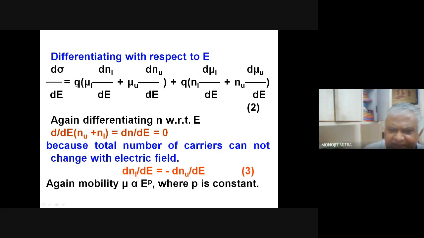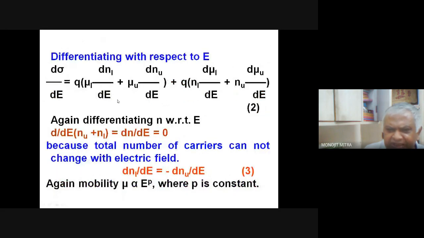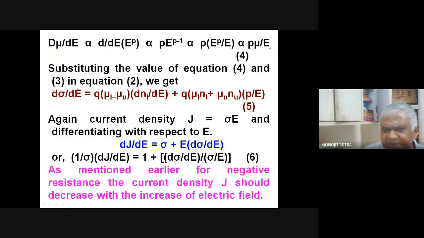So that means in the next step we will find here it is coming as q into dn_l by dE, because this is your dn_l by dE also as per equation 3, and then within bracket mu_l minus mu, that I have written over here. I hope that it is clear. And for the next part, as I told you, q into n_l d mu by dE is, you have just seen now, the p mu by e.